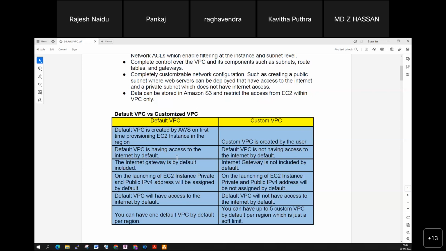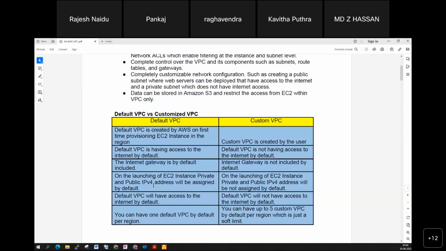The default VPCs are not as safe and secure. This is just giving an introduction to the customers: hey, a default VPC is there, and with that you can connect and customize your environment based on your taste and experience.